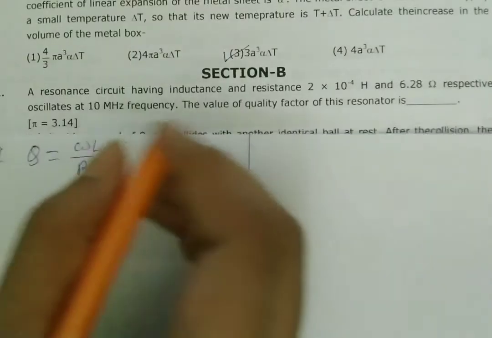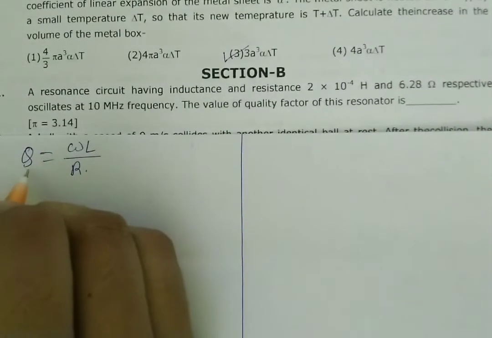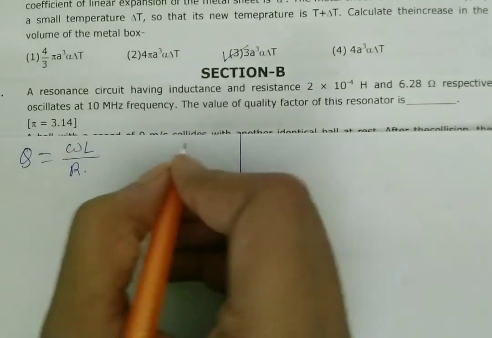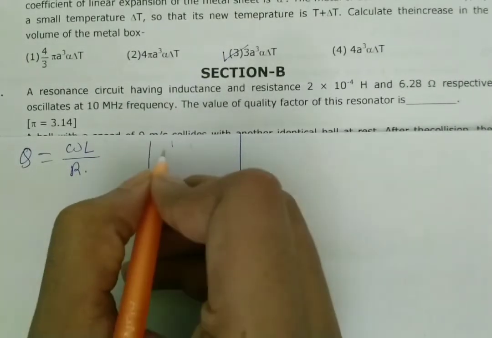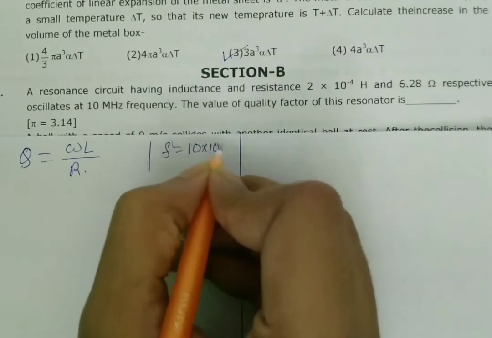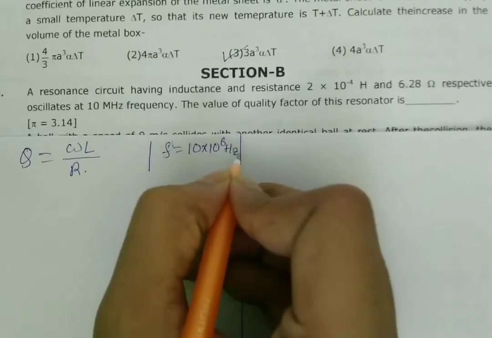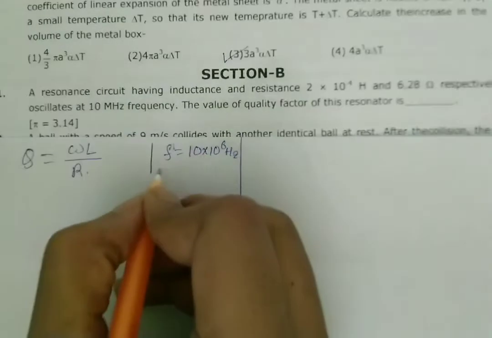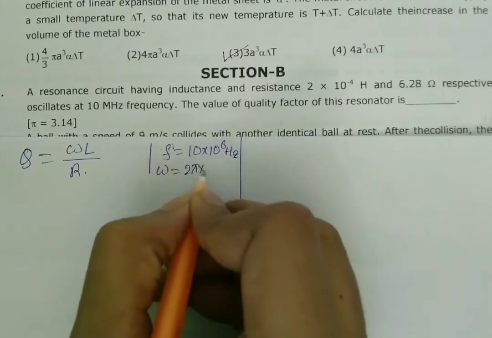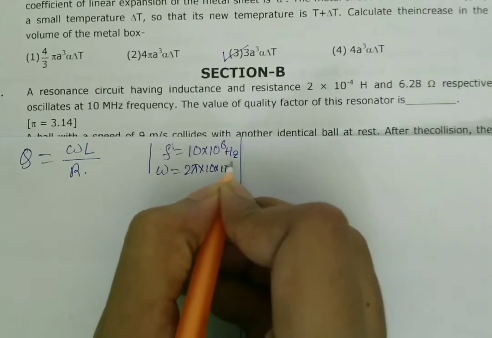Question: we have to find the quality factor, and we know that quality factor Q is equal to omega L by R. The frequency is given, F is 10 into 10 to the power 6 Hertz. So omega will be equal to 2 pi into 10 into 10 to the power 6.